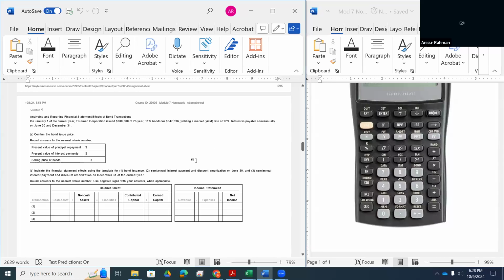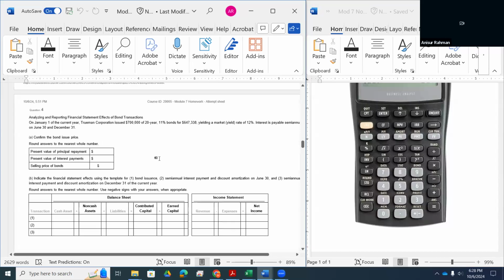Interest is payable semi-annually on June 30 and December 31. Confirm the bond issue price. Round answers to the nearest whole number.